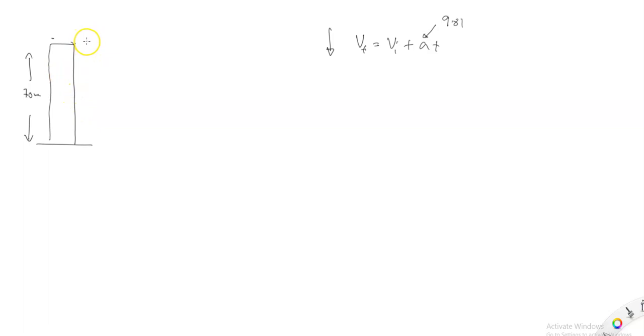You are here at the top, you're gonna drop this thing. V initial is 0. Acceleration is 9.81, pointing downwards.